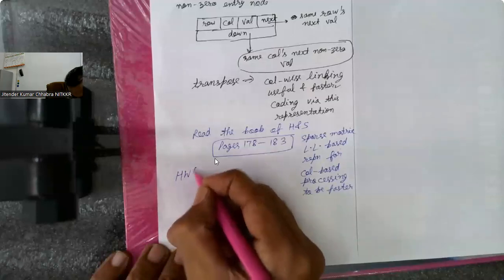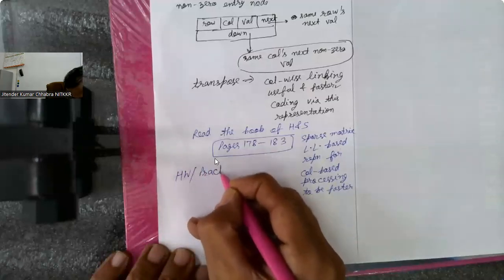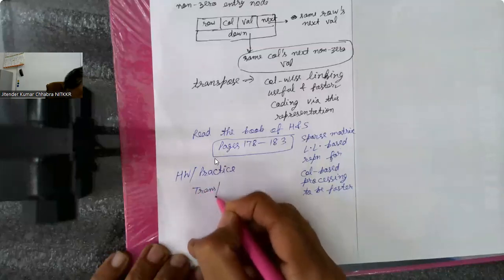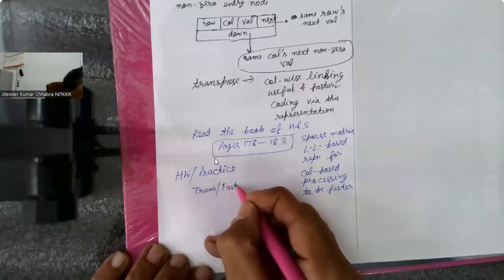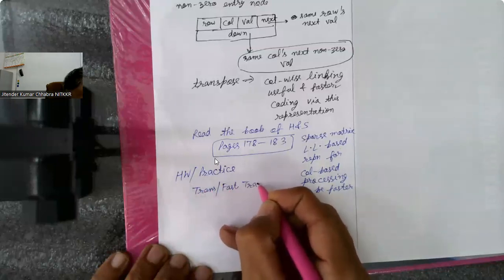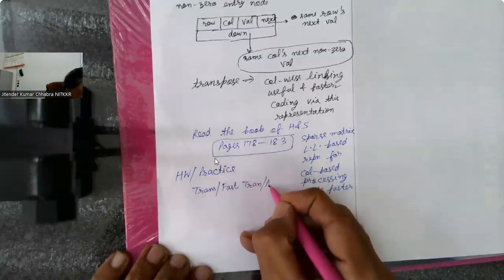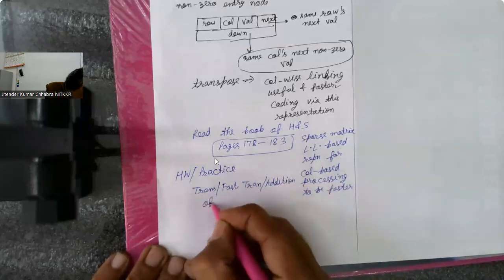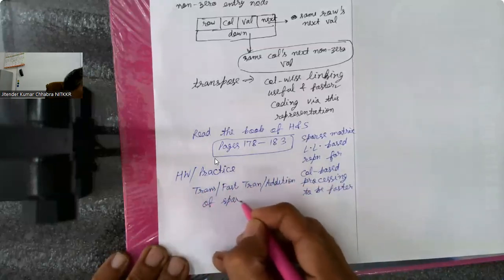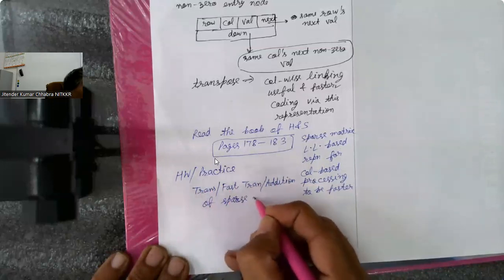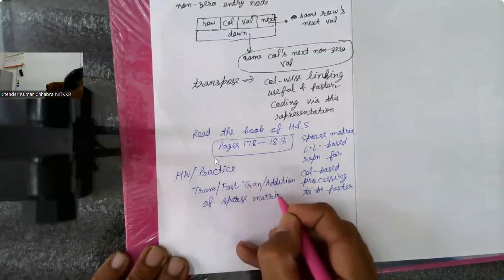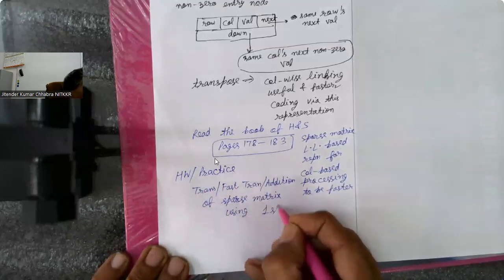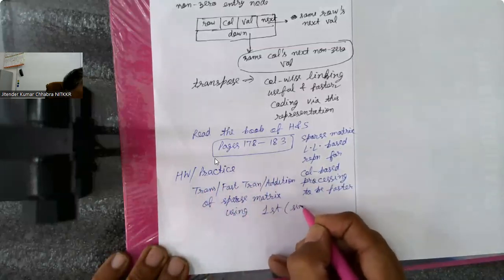You must read this also, and you will learn a lot of complex issues via this. As homework, or I will say practice problems, you must try transpose, fast transpose, and addition of sparse matrices using the first and simple representation we have used.